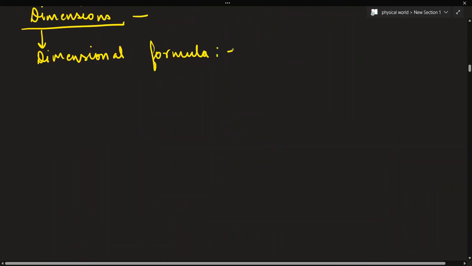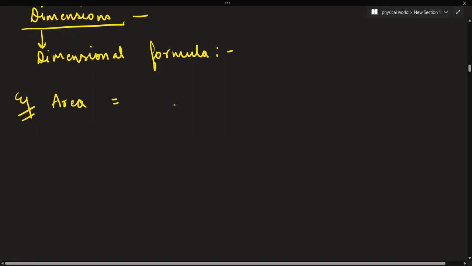See, dimensional formula is written here. For example, if I give you any quantity, like area. Area is a quantity. Area can be measured. It means area is your physical quantity. Any quantity that you are able to measure is known as a physical quantity.